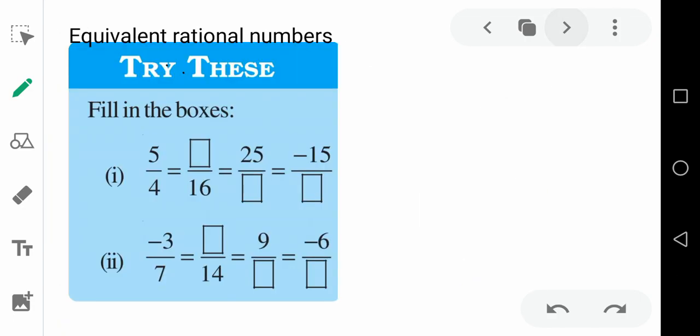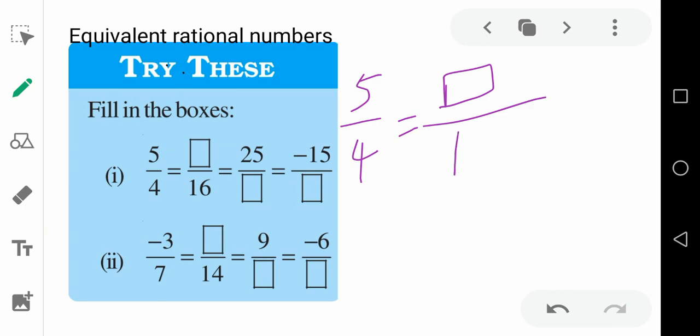Okay, now coming to one question from your reader. Try this. Fill in the boxes. So 5 by 4 is equal to... So one box is given here. You have to fill that box using the concept of equivalent rational numbers. How did you understand this is about equivalent rational numbers? Because we have an equal to sign here. Right. So numerator and denominator you have to multiply with the same number.